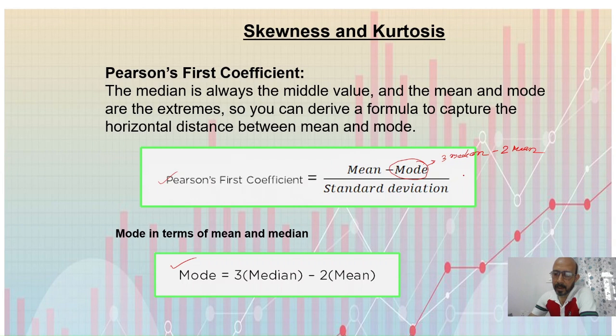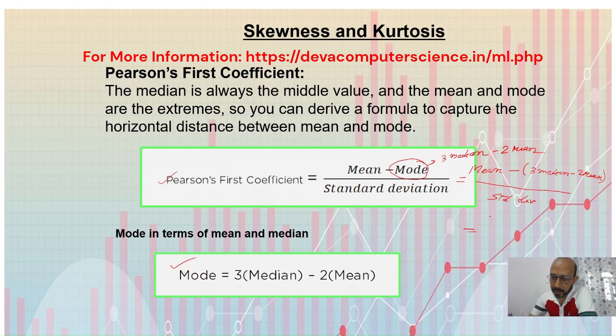Here you can see: mean minus 3 median plus 2 mean, divided by standard deviation.